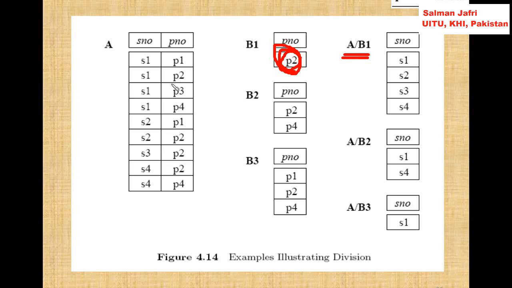So S1 is occurring with P2, S2 is occurring with P2, S3 is occurring with P2, and S4 is occurring with P2. So we have S1, S2, S3 and S4 in the answer, which is this.